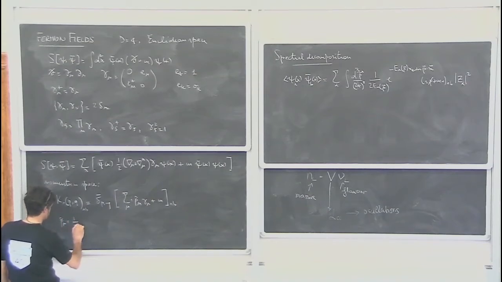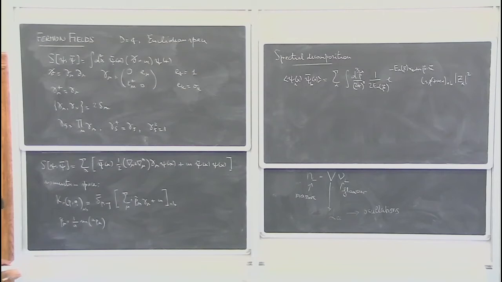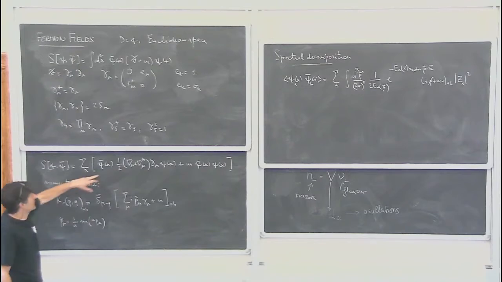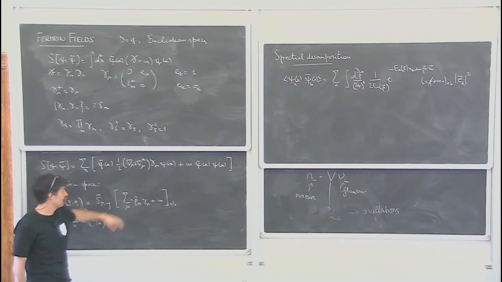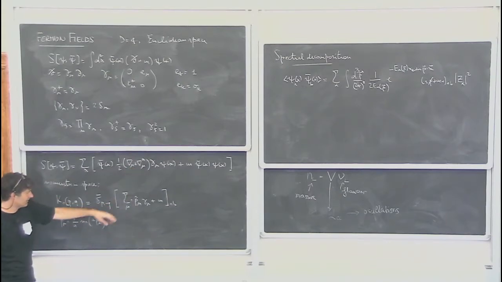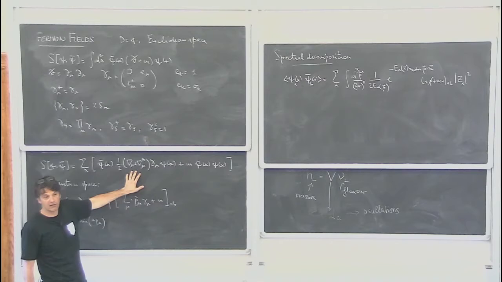So P tilde is 1 over a times the sine of a P mu. Okay, and here you see that this is different from what we got in the scalar case. In the scalar case, the action is quadratic in the derivatives, and we got there sine squared of aP divided by 2. In this case, it's linear in the derivatives.